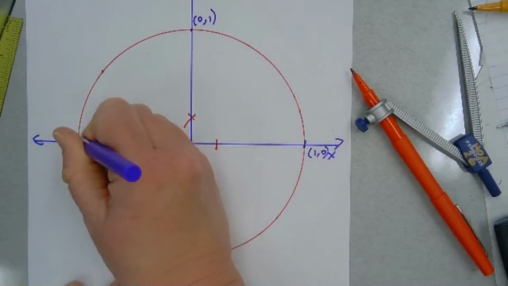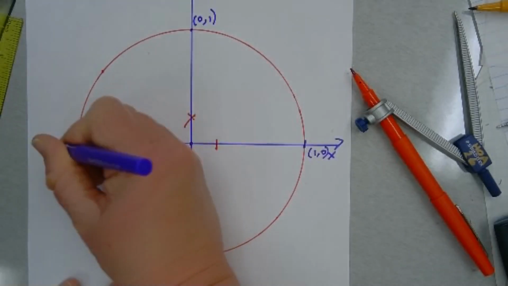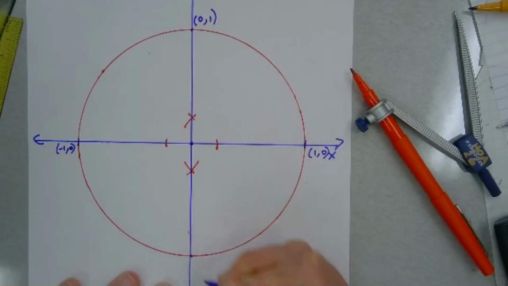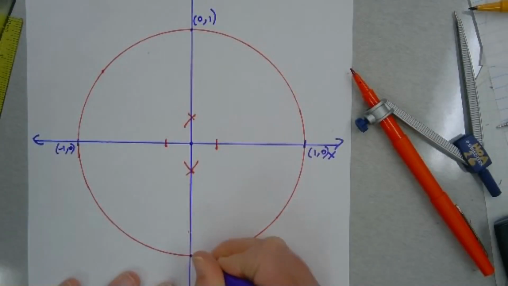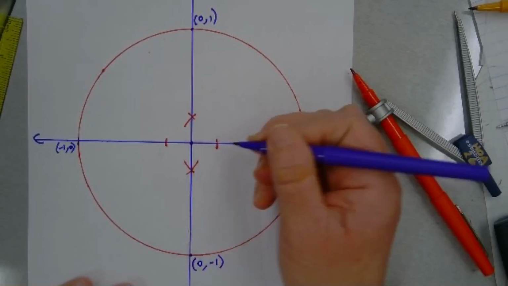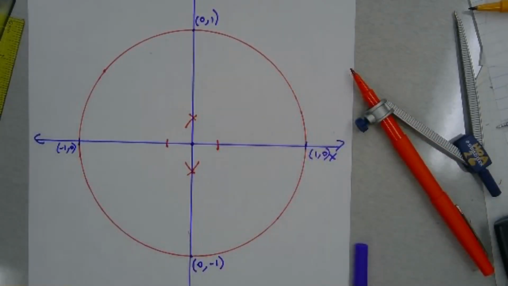If I go back 1 unit and don't go up or down any, that would be -1, 0. And down here would, of course, be 0, -1. So this is on a coordinate plane. This is my 0, 0, my origin. I'm not going to write that there just because the middle is going to get very crowded.